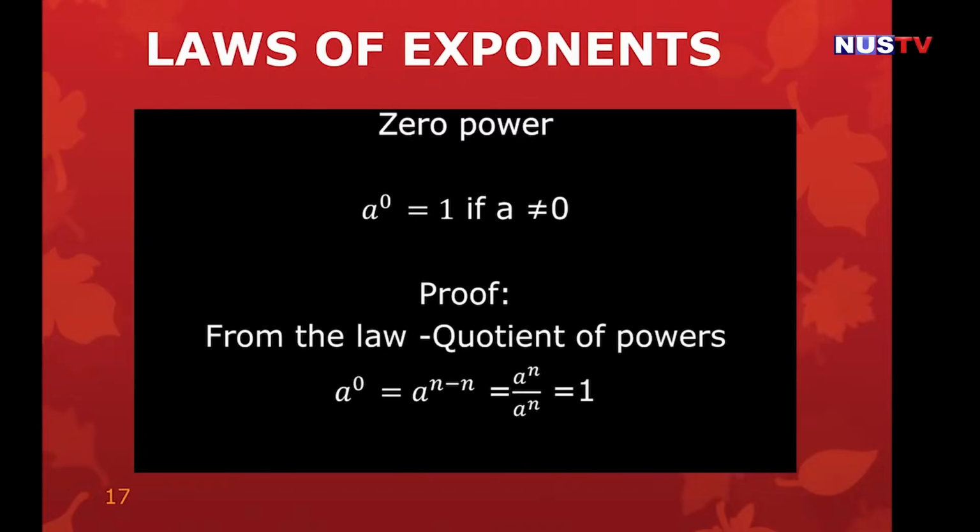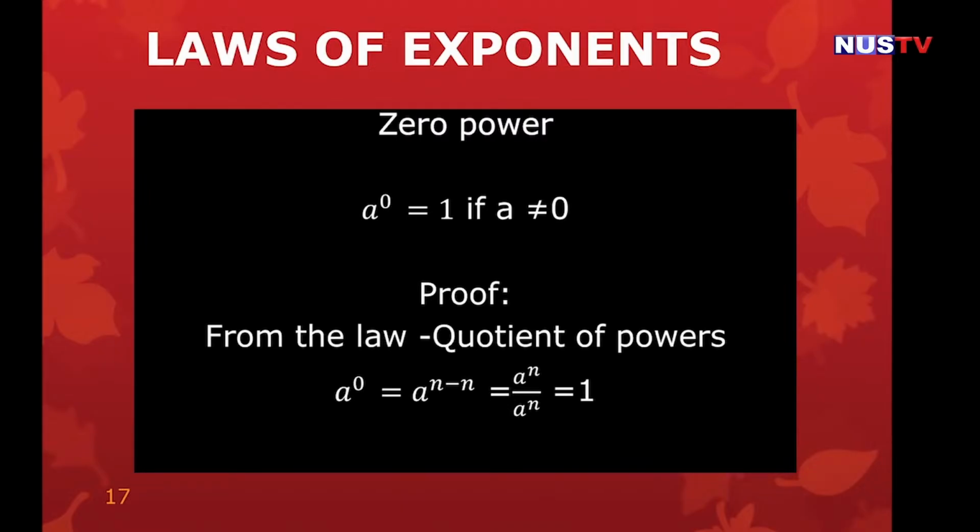A to the power of 0 is the same as a to the power of n minus n, because to get 0, you are subtracting the same power. N minus n means 0. And from the law of quotient of power, it means you have a to the power of n divided by a to the power of n.